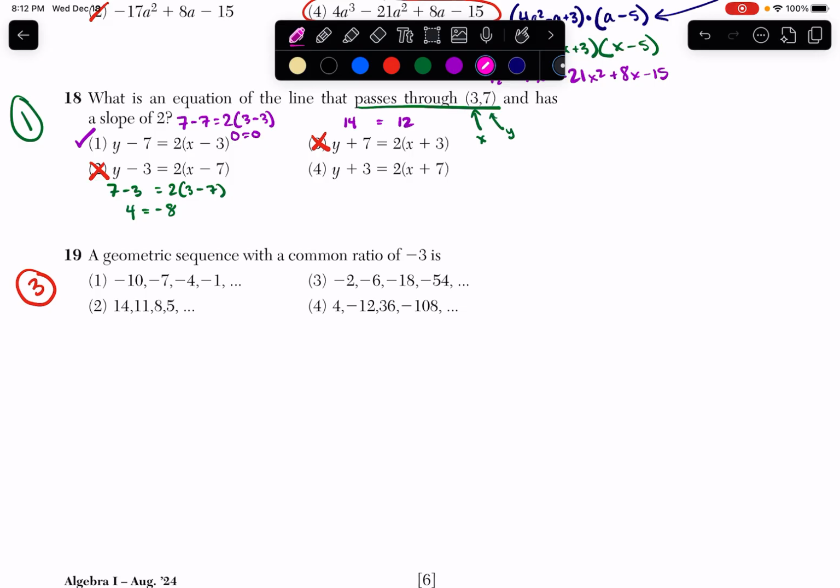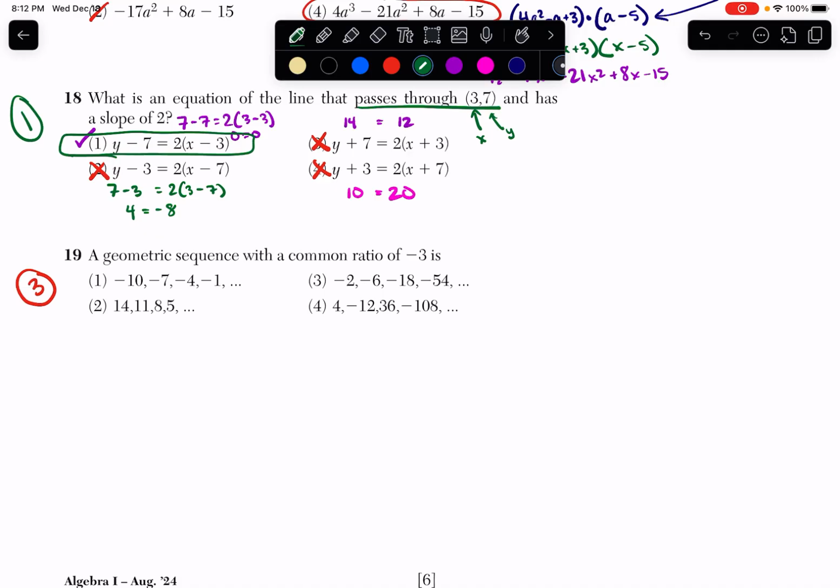And then lastly, if I plug in 7 for y in number 4, I get 10 equals 20, which is also false. So just by plugging in 3 for x and 7 for y, there was only one equation that made true. So we didn't even have to think about the slope. The only equation that goes through that point is answer choice number 1, because that's the only equation where 3 and 7 make the equation true.